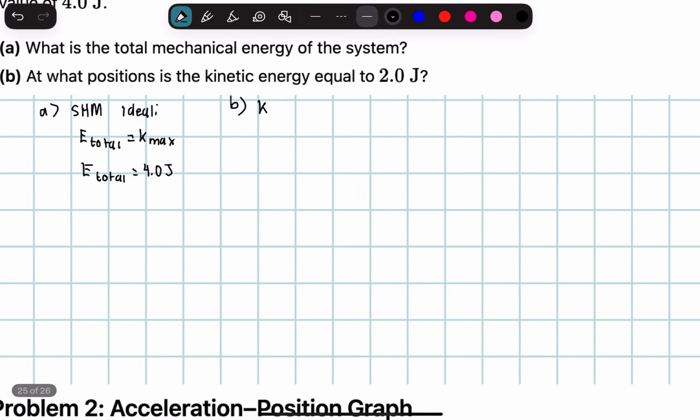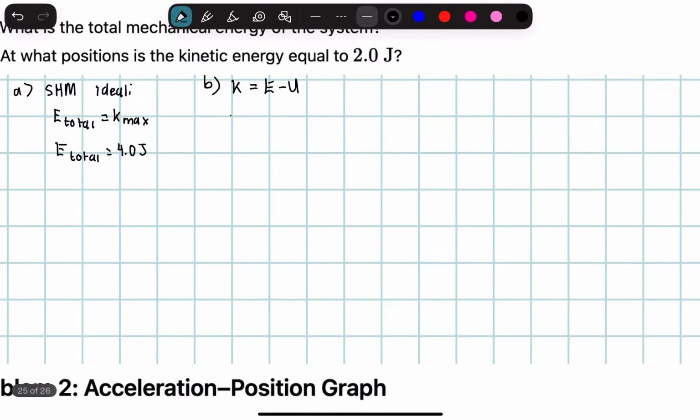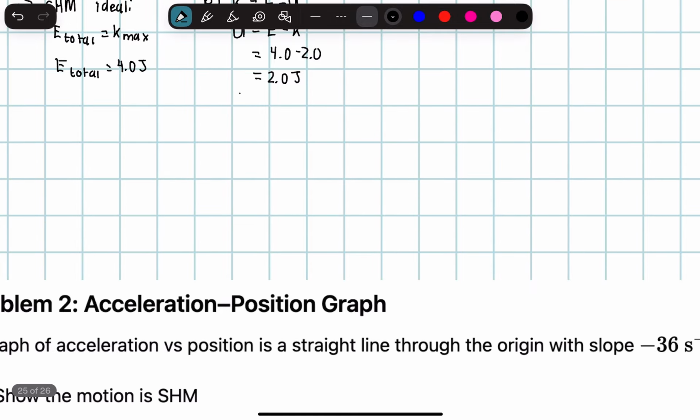At what points is the kinetic energy equal to 2 joules? Well, we know that the kinetic energy is equal to the total energy minus the potential energy. Therefore, the potential energy is equal to the total energy minus the kinetic energy. And plugging in our values, that's going to be 4.0 minus 2.0 is equal to 2.0 joules. Now, finding the spring potential energy, that's going to be U is equal to 1/2 k x squared.